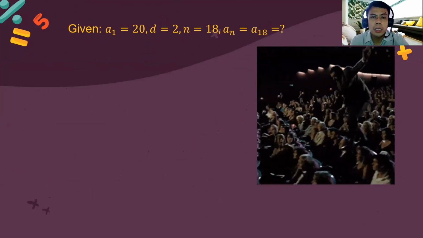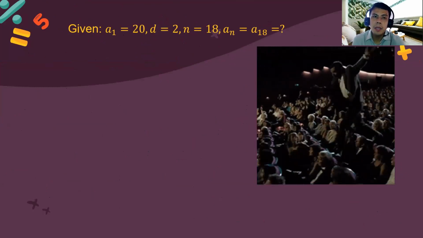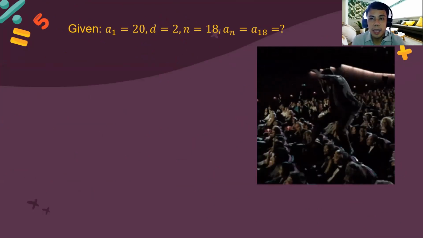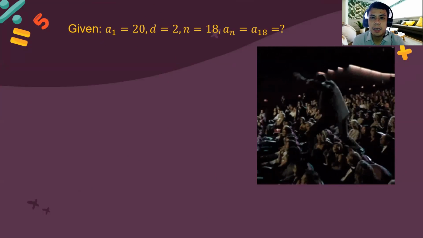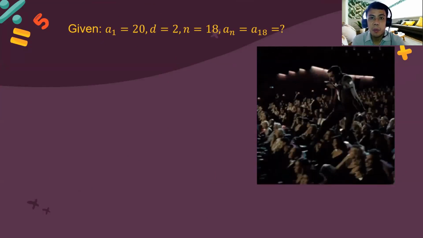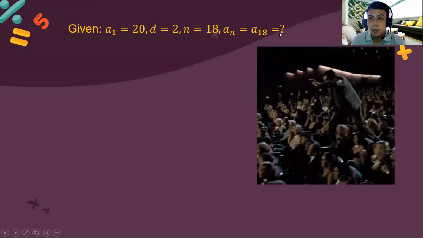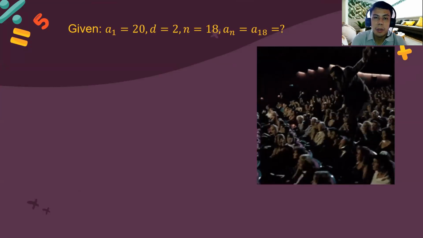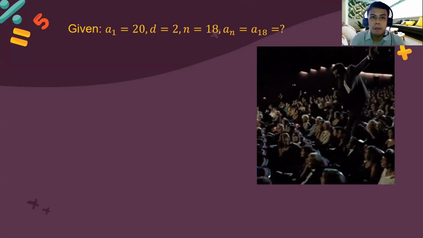And the question is, how many seats are there in the 18th row of the theater? So n is equal to 18, and we need to identify a sub n, which is a sub 18, which we don't know yet. Let's try to solve it.